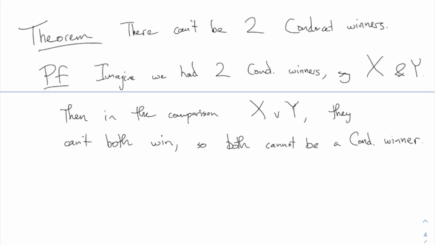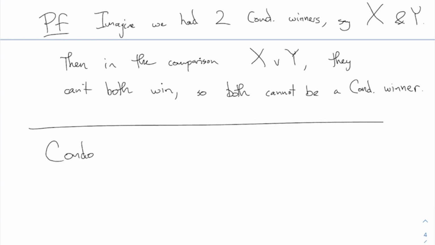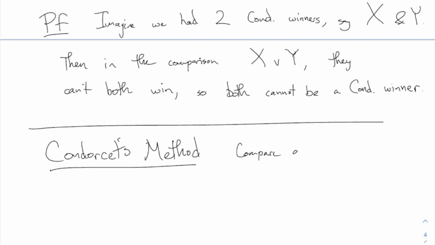This leads us to our third voting method. We had the plurality, the ranked choice. This is called Condorcet's method. I guess this is the third thing on our little checklist of topics. So this is another way to decide the winner of an election. What you do is you compare all of the candidates in pairs.